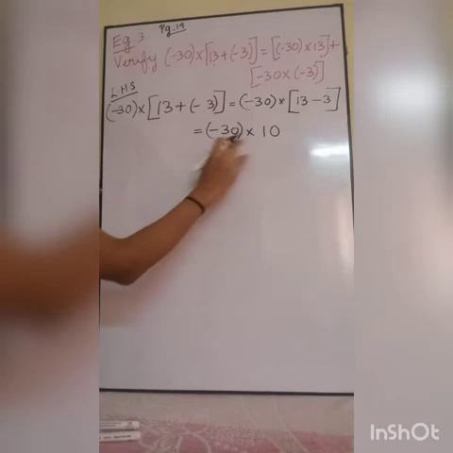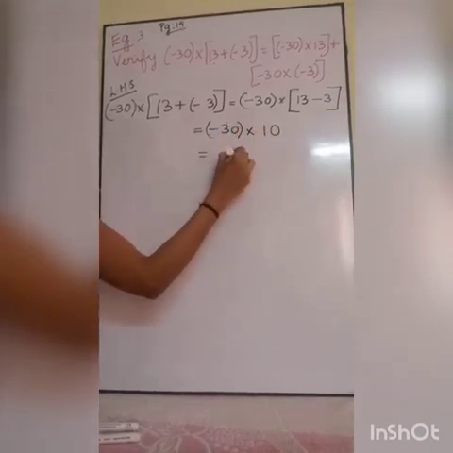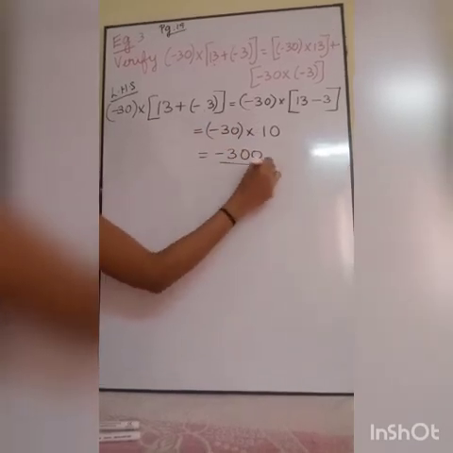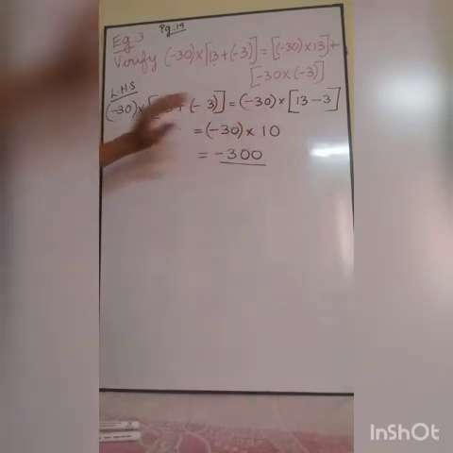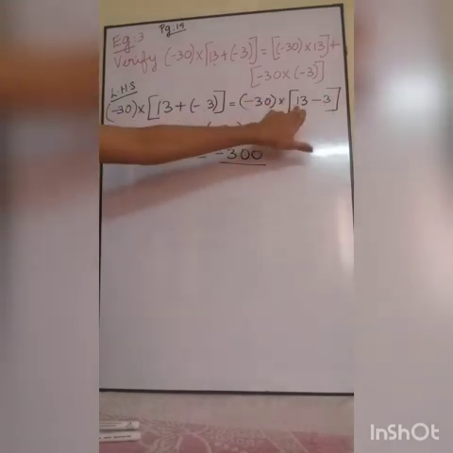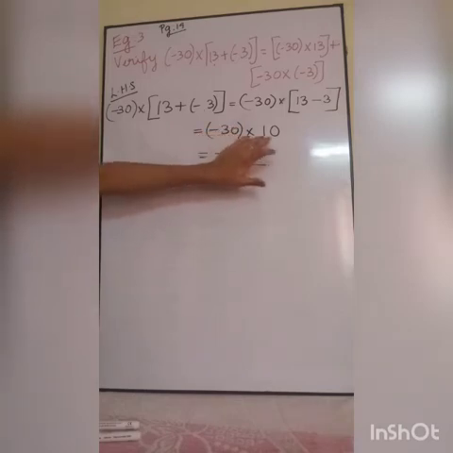Over. Now, can we remove this bracket? Minus 30 as such, 13 plus into minus, minus 3. 13 minus 3, 10.